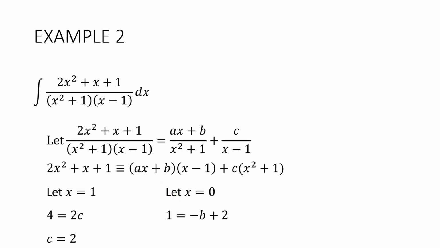So b is equal to 1. And then finally, we're just going to choose another x value. Let's choose x equals -1. And we're trying to solve for a. So substituting in and solving, a is equal to 0. So we have no term in x on the numerator here.